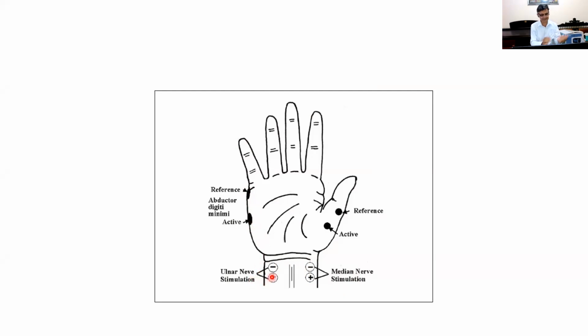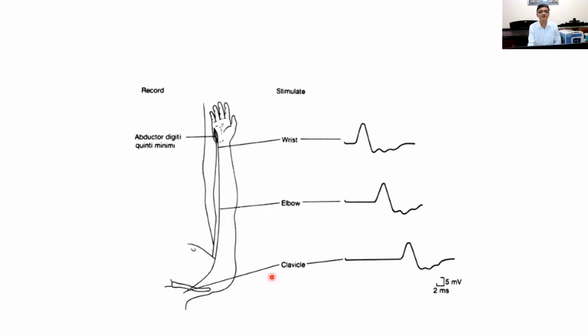The ulnar nerve can be stimulated at the wrist, or at the elbow also. And generally when we study for carpal tunnel syndrome, we record both nerves and compare, right?